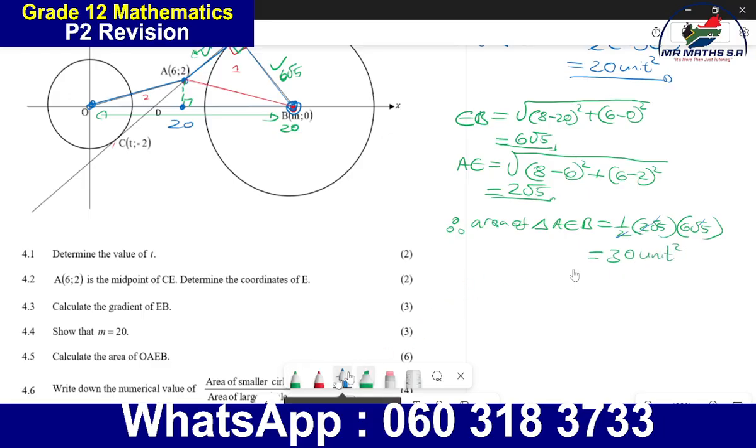So in conclusion, we can say the area of the shape we want, AEB, will equal 20 plus 30 units squared, which will be 50 unit squared.